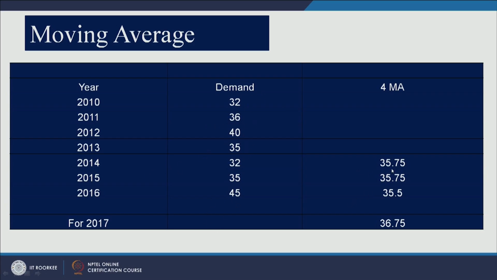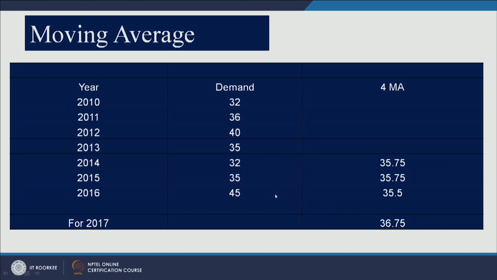First of all, you just take the average of the first 4 data points. So, 32, 36, 40 and 35, the average of all these 4 would be 35.75, right. The next 4 period moving average: you just exclude 32 and include the next value. Similarly, exclude 36, include 35, exclude 40, include 45.